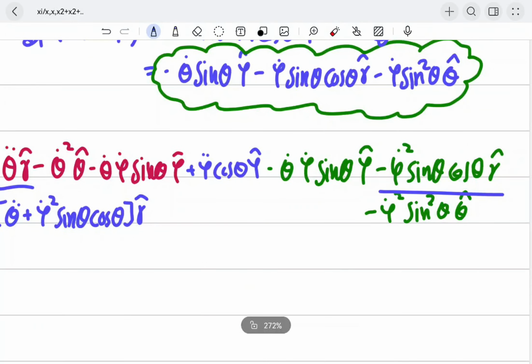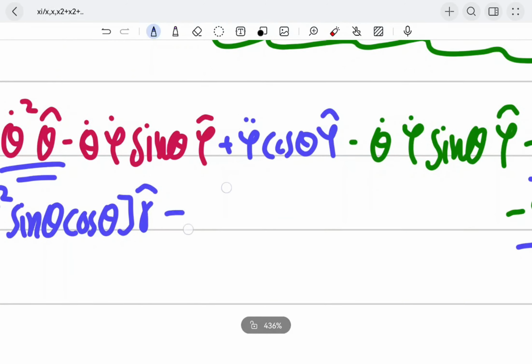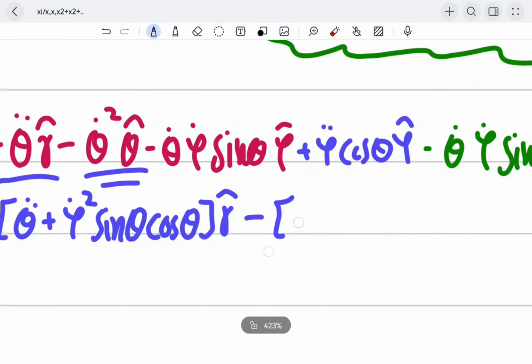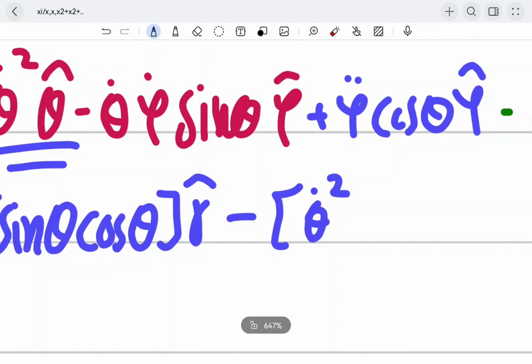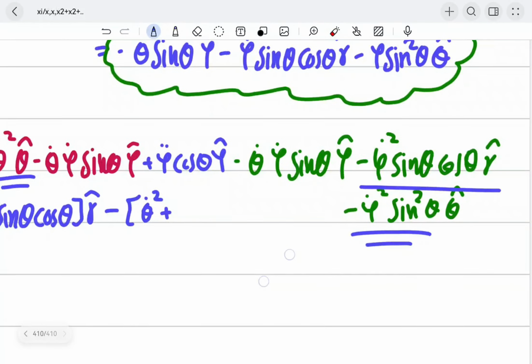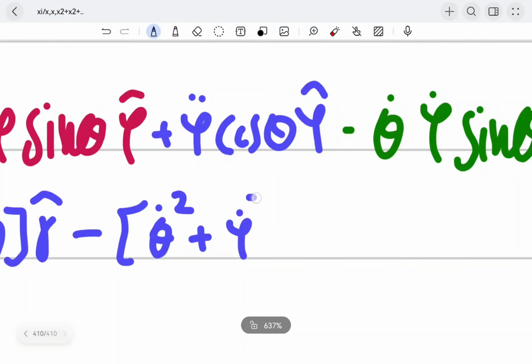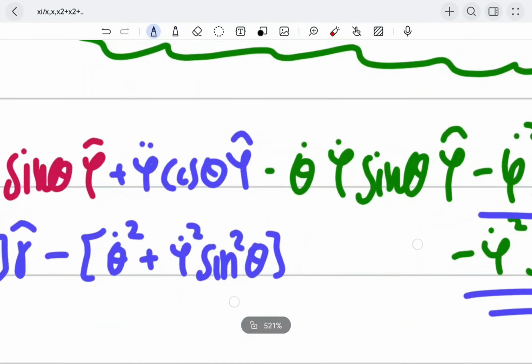For the theta component, we have minus theta dot square and minus phi dot square sine square theta. Taking minus as a common factor: minus theta dot square plus phi dot square sine square theta, theta hat.